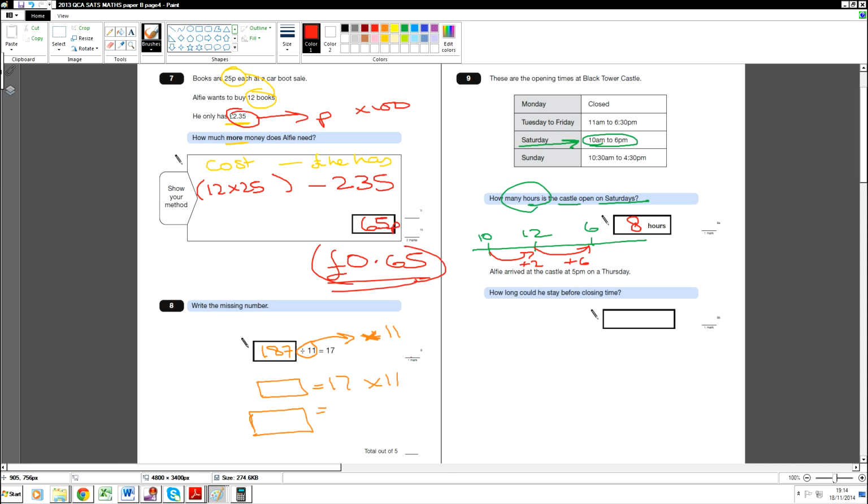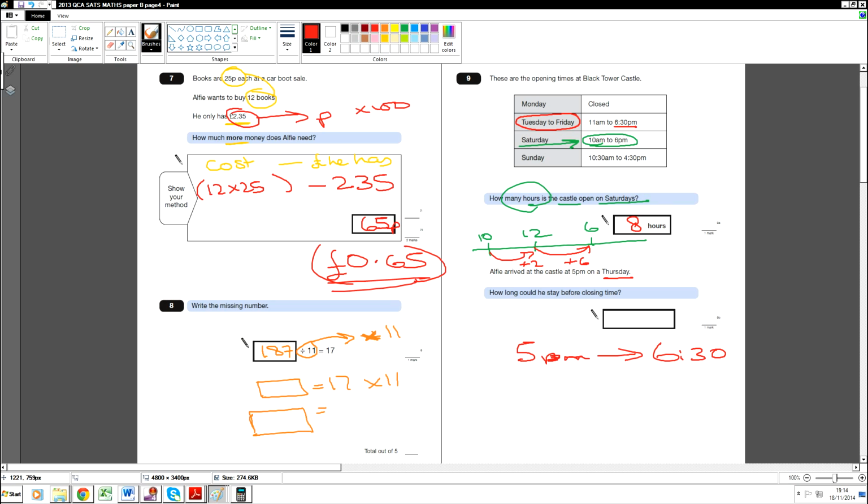Lovely. It says that Alfie arrived at the castle at 5 p.m. on a Thursday. How long could he stay before closing time? So Thursday means we need to look at Tuesday to Friday, which includes Thursday. So it closes at 6:30. So 5 p.m. all the way to 6:30.